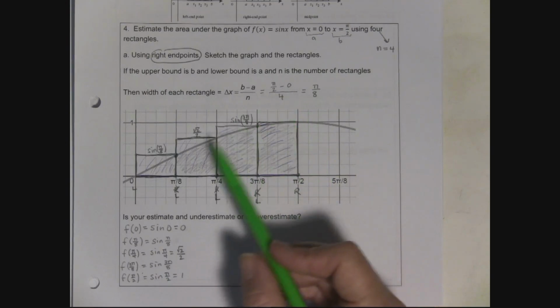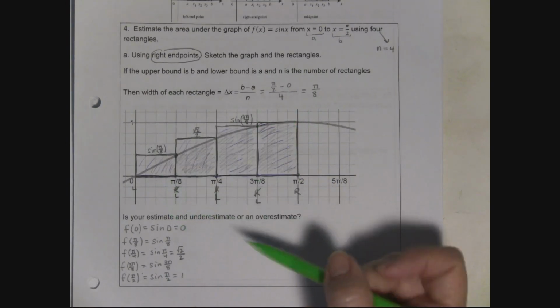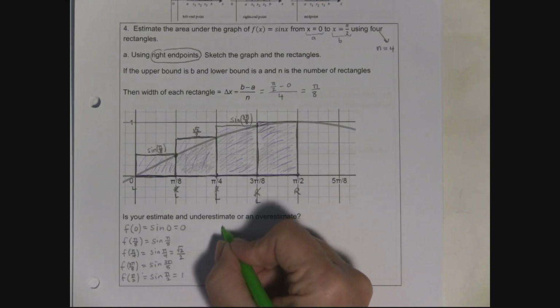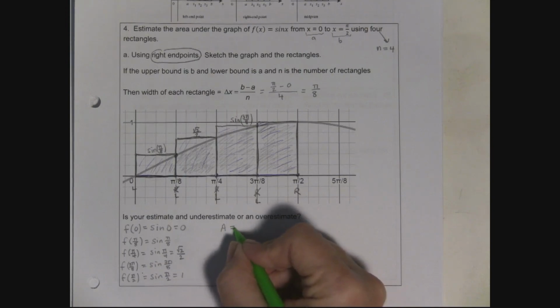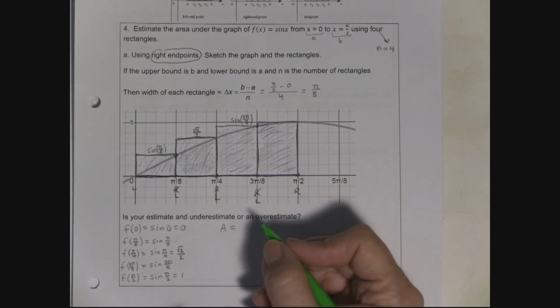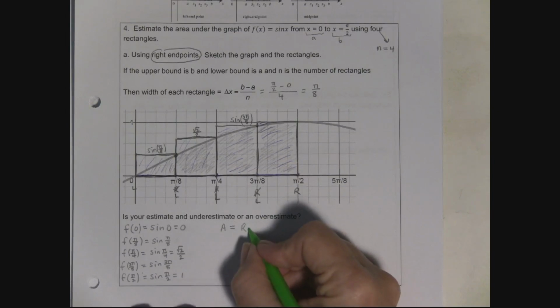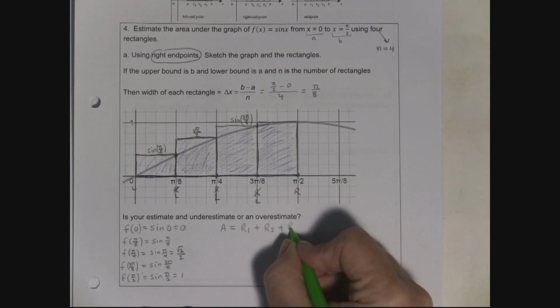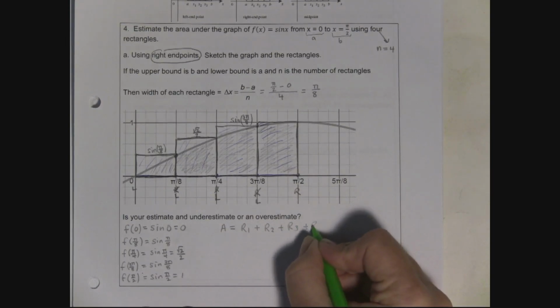So the first rectangle right there, you'll see in your book that they might even write A equals, this is the area that they're trying to approximate, equals rectangle 1 plus rectangle 2 plus rectangle 3 plus rectangle 4.